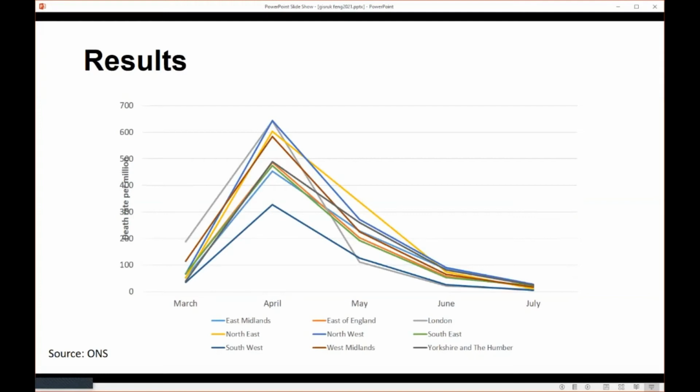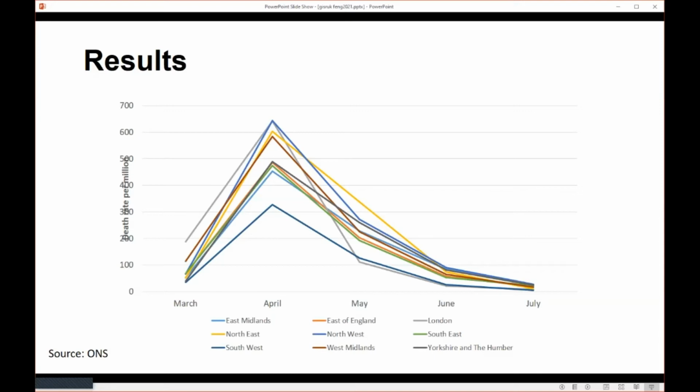At the beginning, London had the highest mortality rate and increased sharply to April, but the northwest and London were very close in terms of mortality rate. Then London dropped significantly, with the northwest still fairly high. The east of England also took over in May.